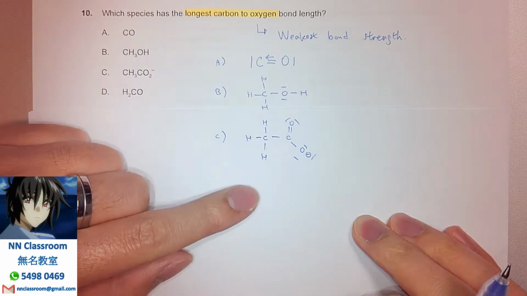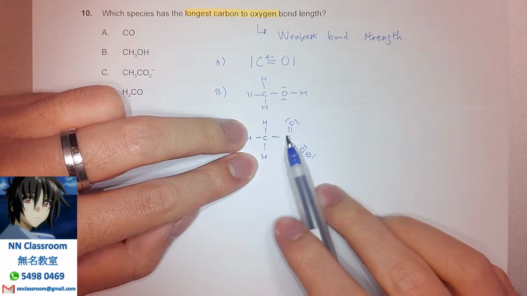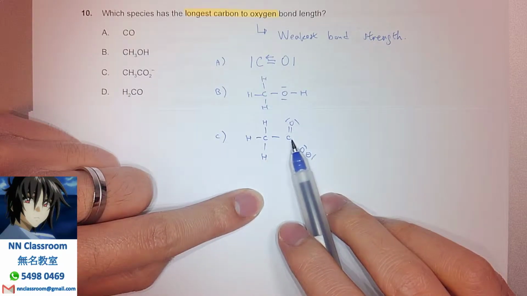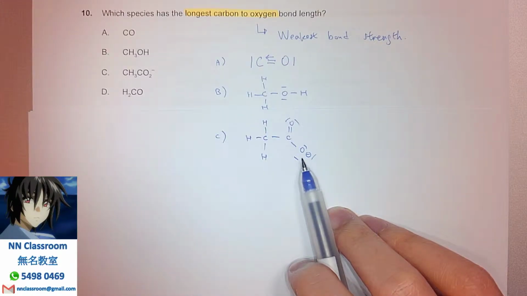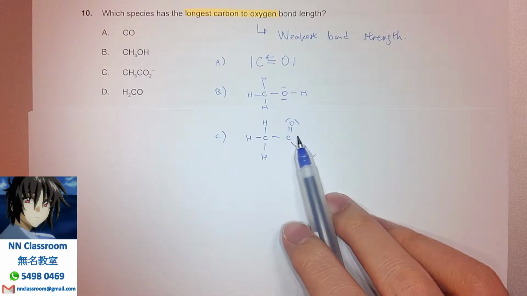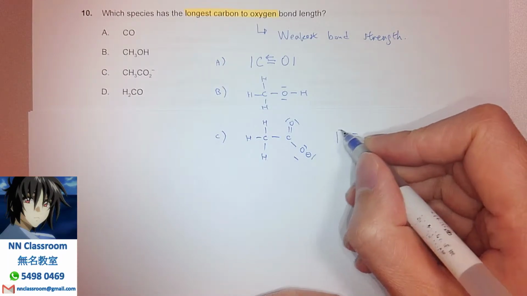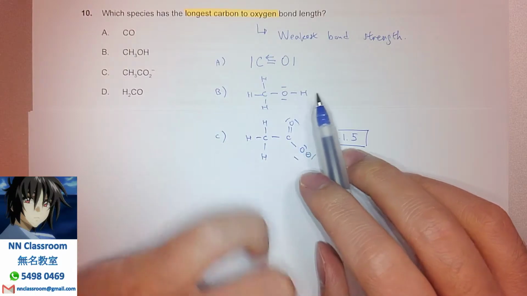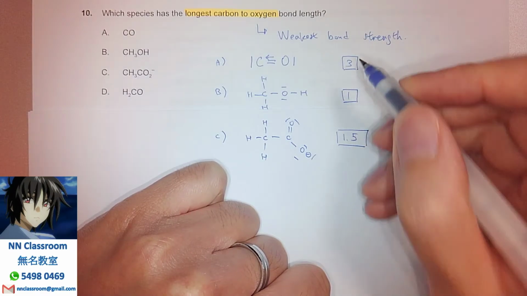In this case, if students still remember, this has been tested before, this ethanoate ion has a bond order of 1.5 within these two CO bonds because of a pretty important concept called delocalization. You should realize that this is like a jumping pi bond. So that's why the bond order in this case should be 1.5 between the C and O. For choice B, this is going to be 1, and for choice A, this is going to be 3 in terms of bond order.